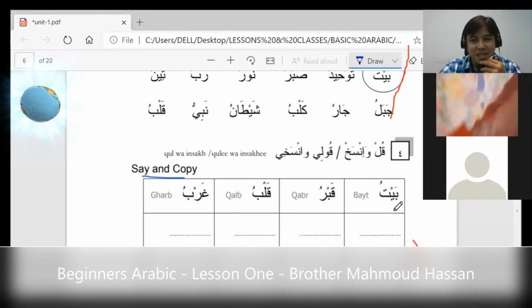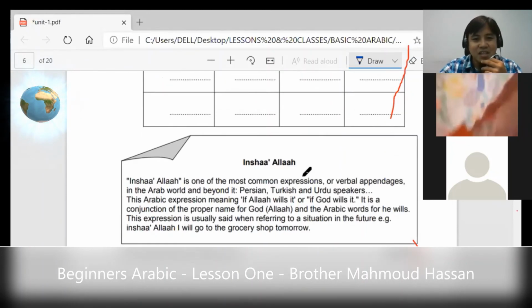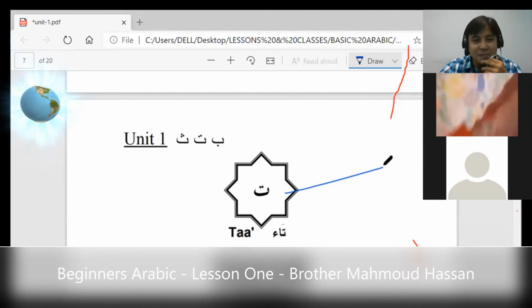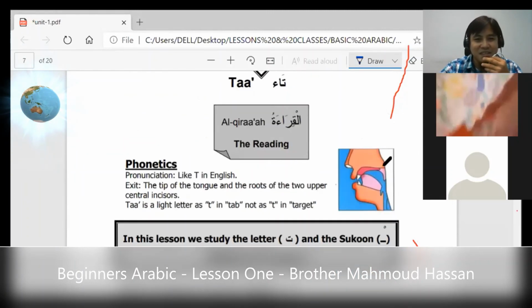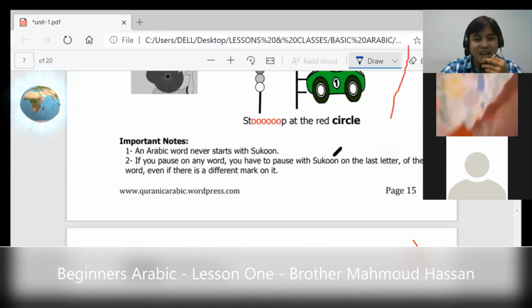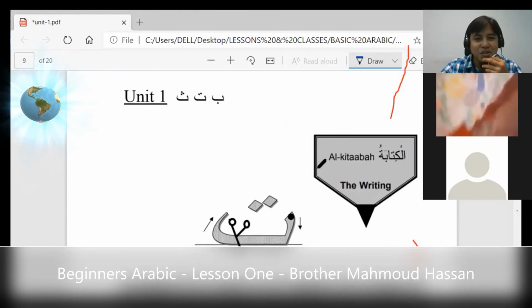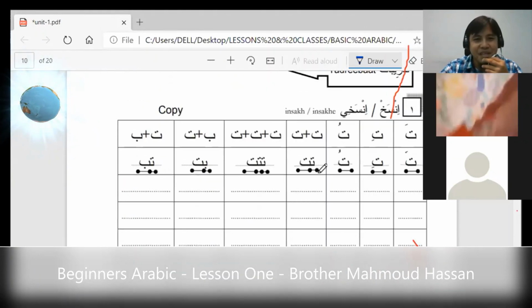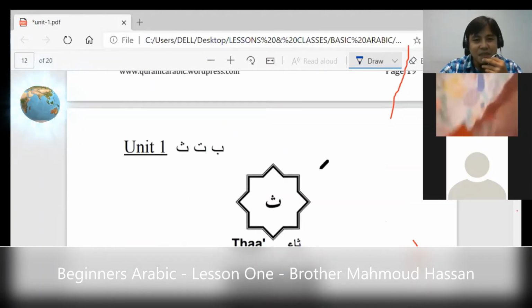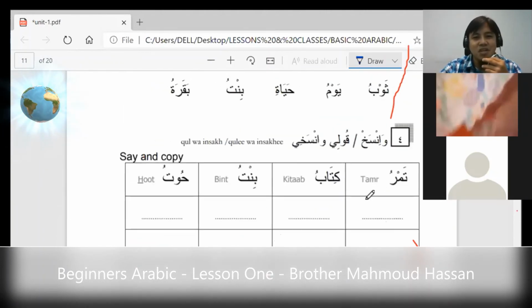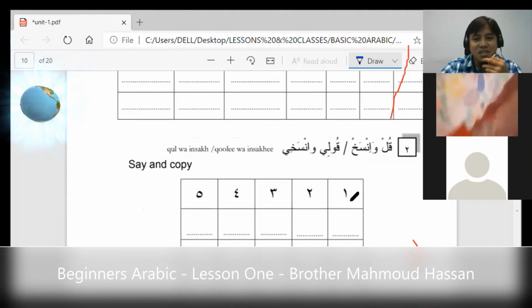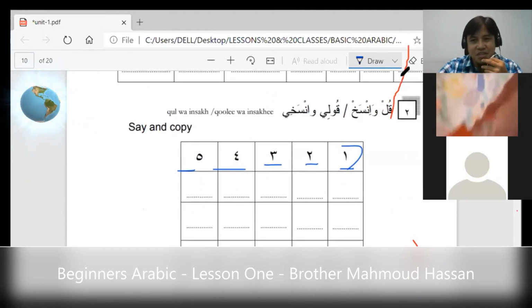You are going to start writing each of the words until we go to the letter ta, and then the letter tha, inshallah. And you observe also the numbers, واحد اثنين ثلاثة أربعة, but there are no more names of each of the numbers. Okay, hopefully everything will be clear for now.